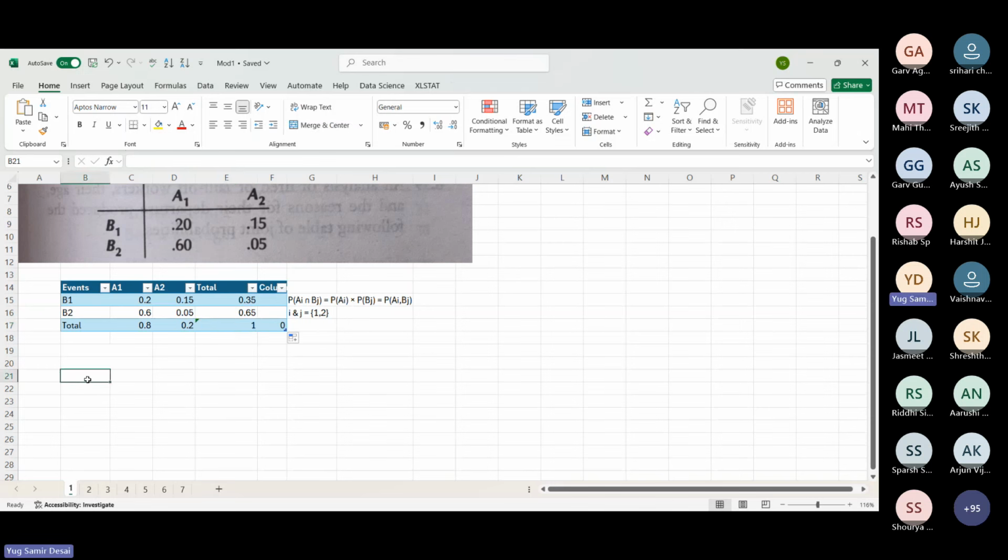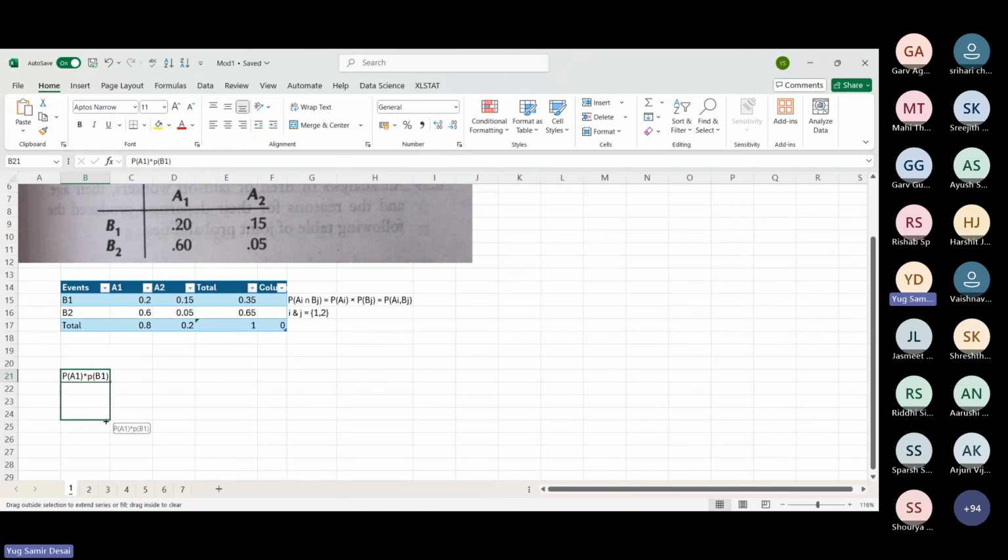Now we'll start with our test of independence. Firstly, we'll compare P of A1 multiplied with P of B1.